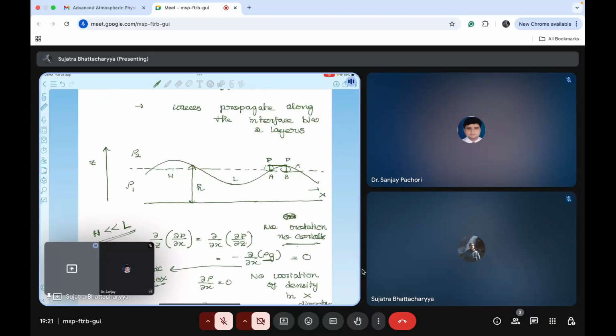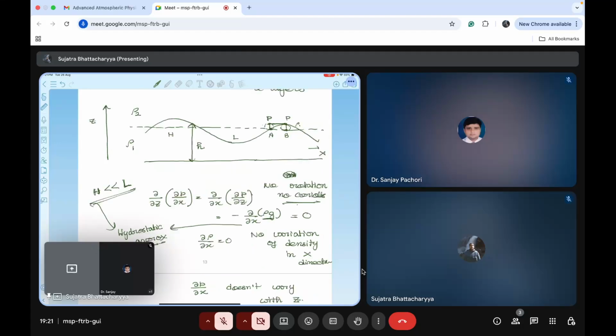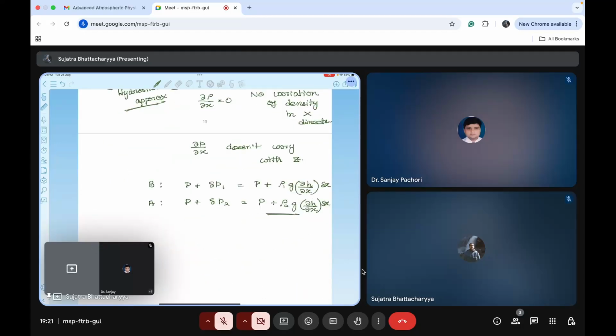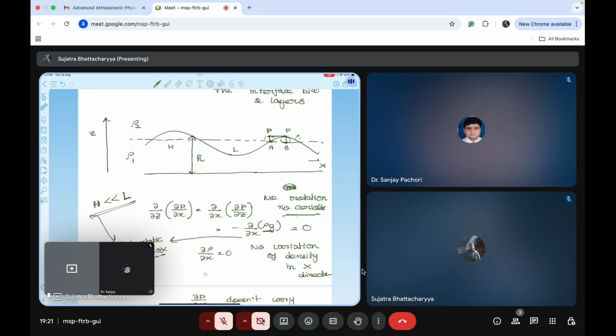See, this is your A point. That's why rho 2 comes here. At B, it is rho 1.